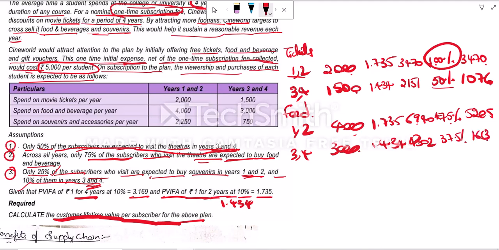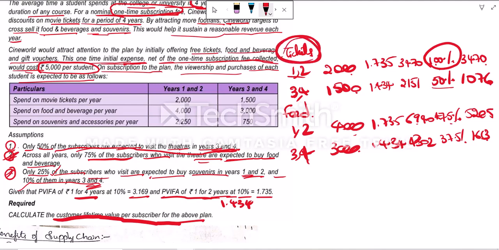You can consider the food point, or you can consider the first point here, because in the third and fourth years it will be half of the first and second years. So 75% into 50% is 37.5%. Otherwise, you have to consider only the second point, and for the second and third points we have to calculate the purchases for the persons who attended.